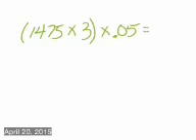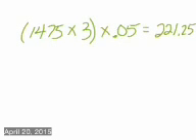What is 1475 times 3 times 0.05? 221.25.